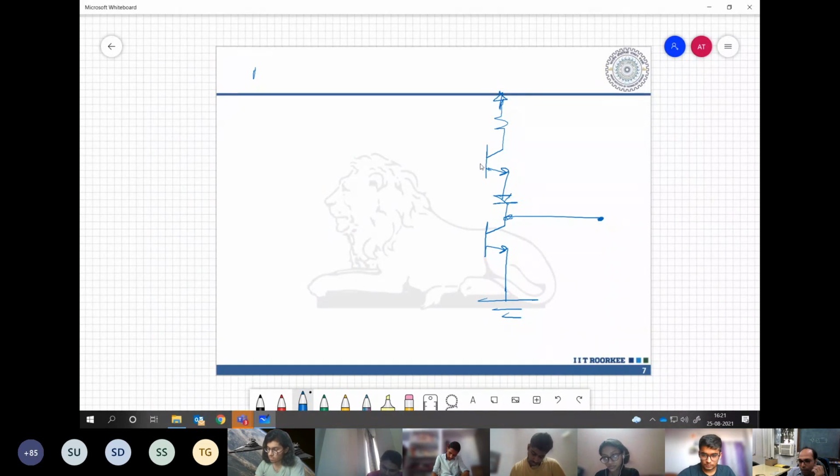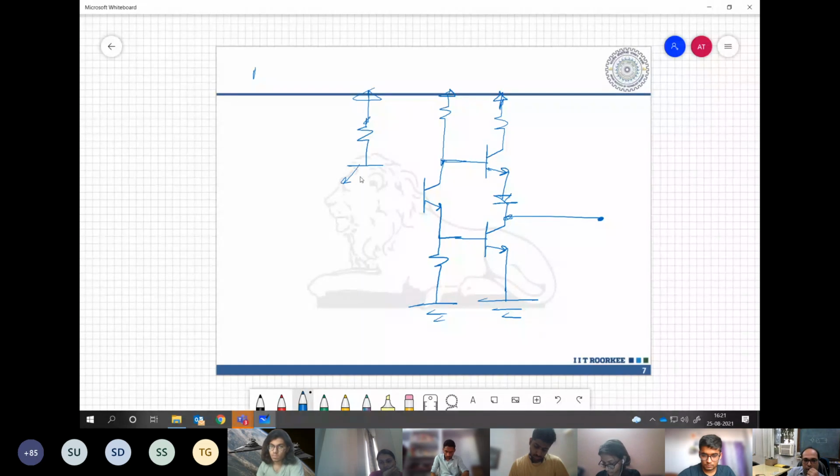Now, once you have this totem pole structure, you need something to drive it. What can drive it? There is another transistor which is having this kind of configuration where we have these connections given like this. Now, for this transistor to be driven, we have a special transistor which is having multi-emitter properties as well.